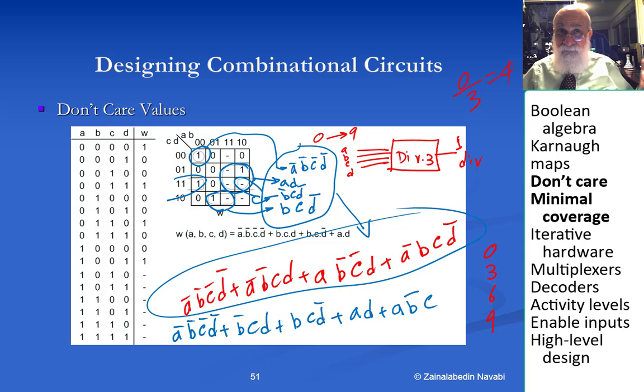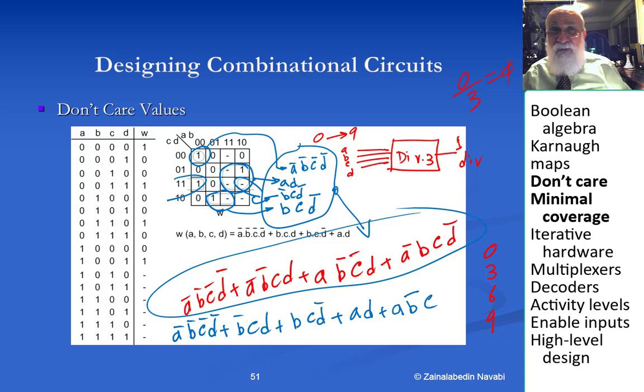That means big NAND gates. This one, 1, 2, 3, 4, 5, it doesn't have four, it has one more product term, but it's smaller. But then this one is the ideal situation. It has four product terms, two of them are three variable product terms. One of them is a two variable, only one of them is a four variable product term.